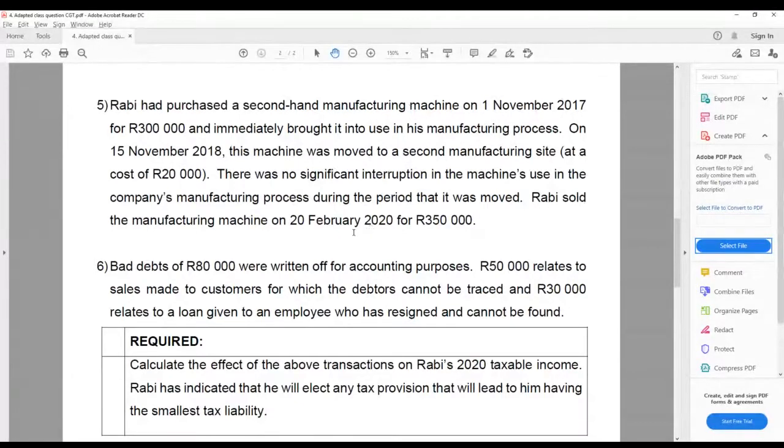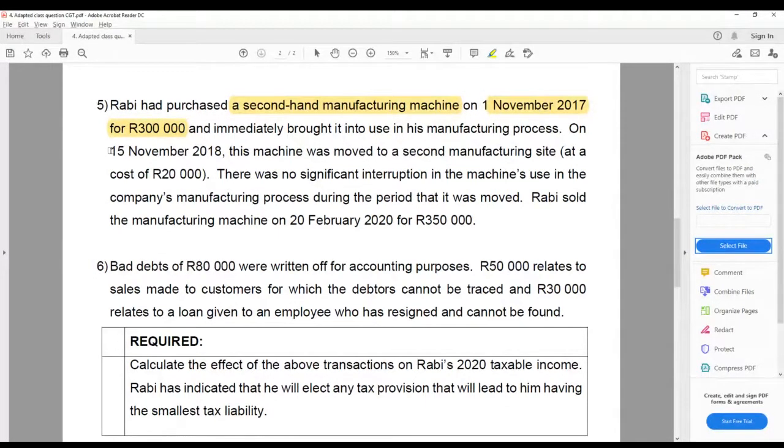So this taxpayer, what he did was there was a second-hand manufacturing machine that was purchased on the 1st of November 2017 for 300,000 Rand, and it was immediately brought into use.